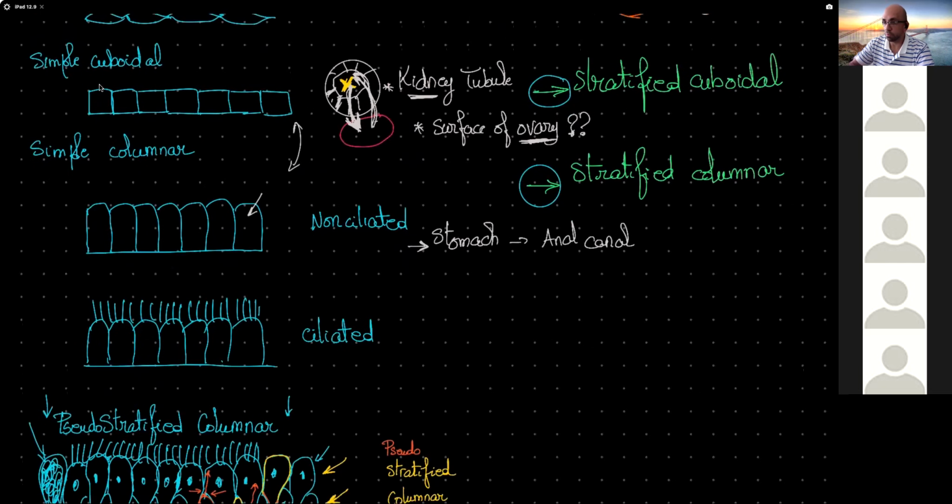The second type of simple columnar epithelium was the ciliated simple columnar. And why do I have cilia? Remember, to allow the propulsion of the mucus, to allow them to move and push something. So remember, where did I need to push something?